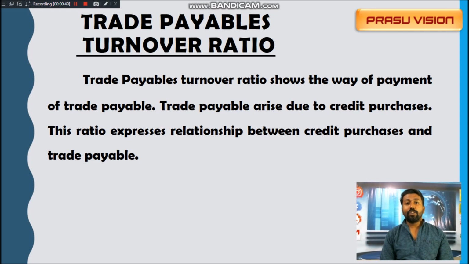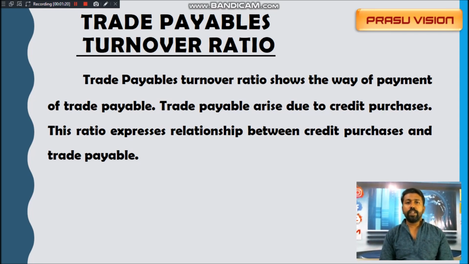Trade payable turnover ratio is calculated to find out within how many days the amount is to be paid to the creditors or suppliers. That means the amount to be paid by the company to the creditors and the amount of bills payable.